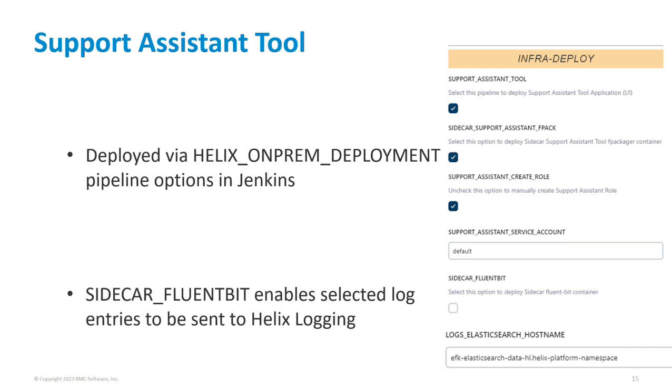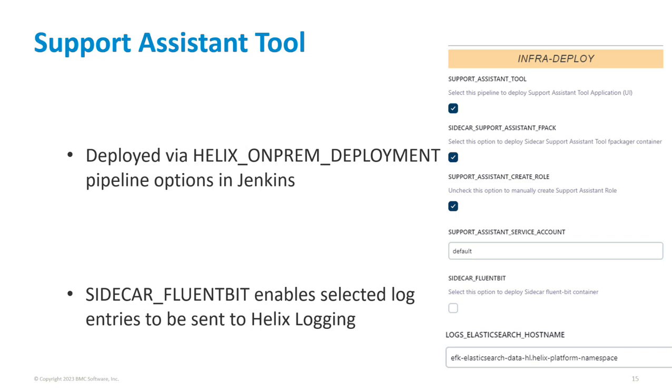The support assistant tool option is the one that controls whether the support assistant tool pods are deployed, and that's the GUI that you will interact with to access the logs. And then if you're going to do that, you also need the support assistant FPAC, that sidecar, and then the role, which is a Kubernetes security mechanism for granting access to the contents of the pods.